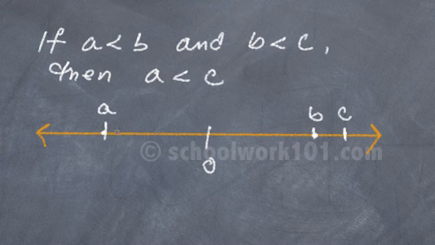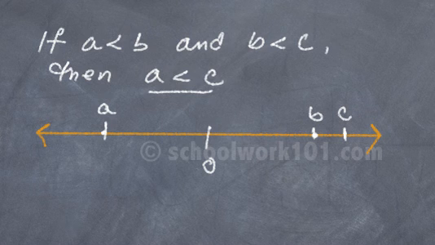So as you can see, A is left of B, and B is to the left of C, therefore we can conclude that A must be less than C. I know that sounds really trivial, but we've got to really look at this in detail.